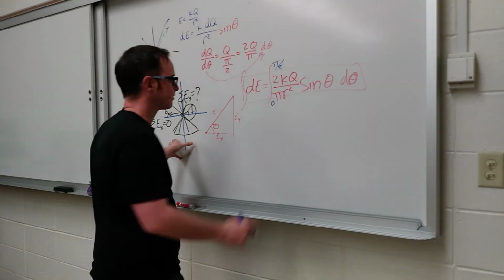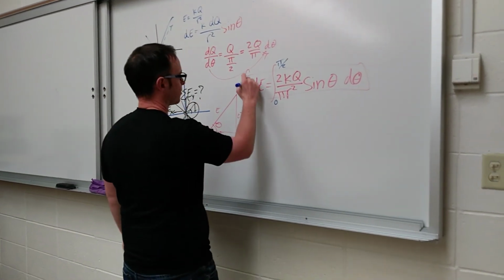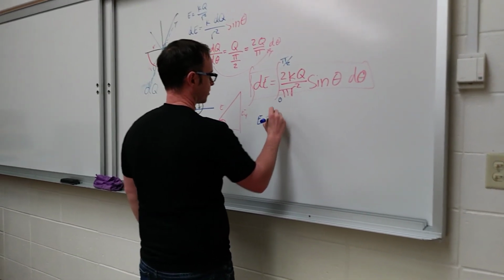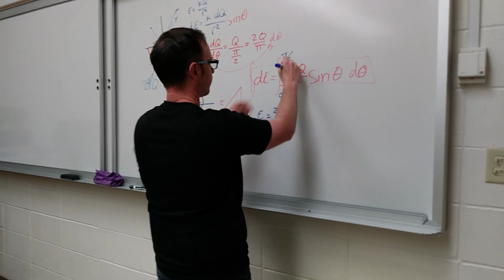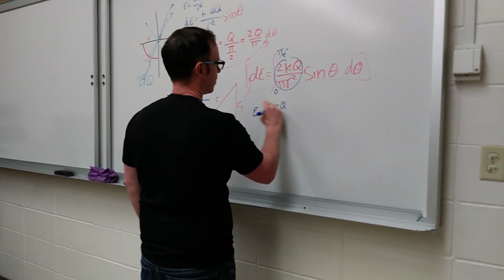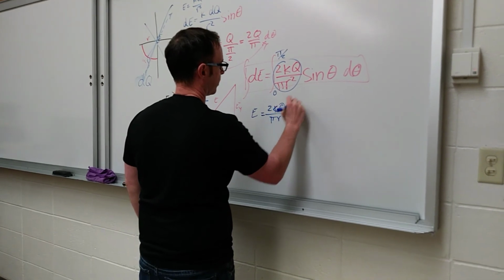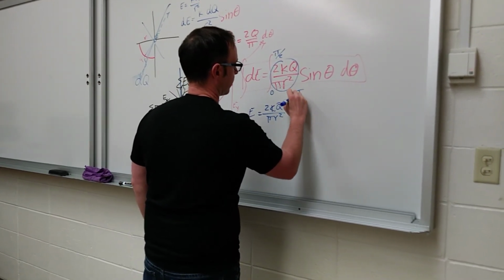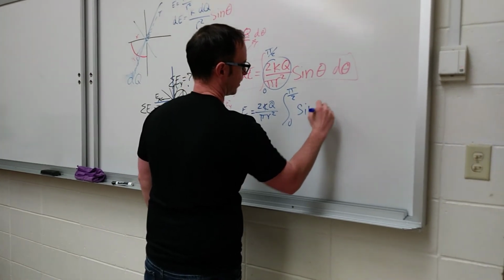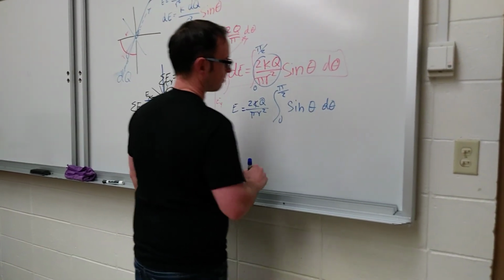So E equals, this is all constant, 2kQ over pi r squared, times the integral from 0 to pi halves of sine theta d theta.